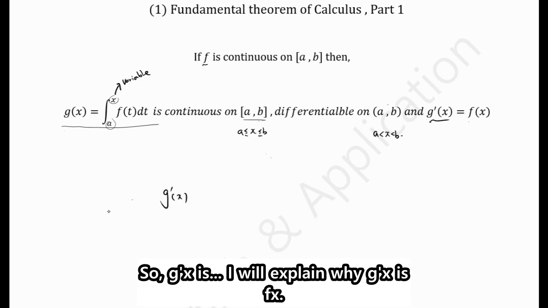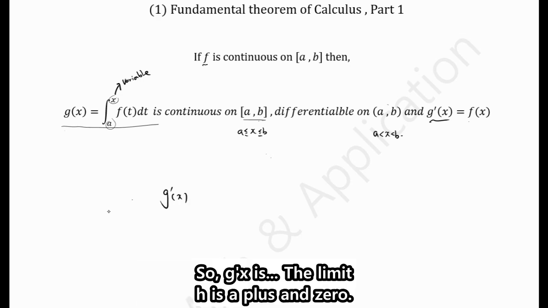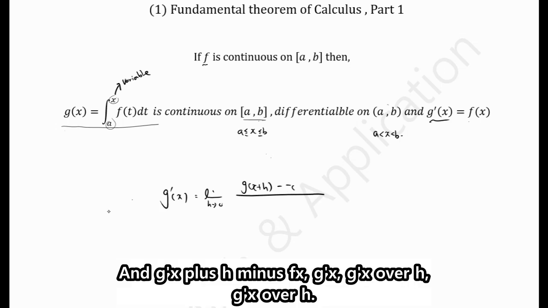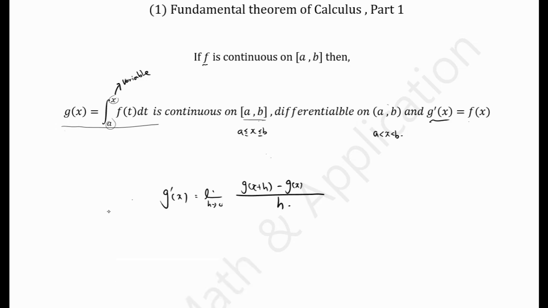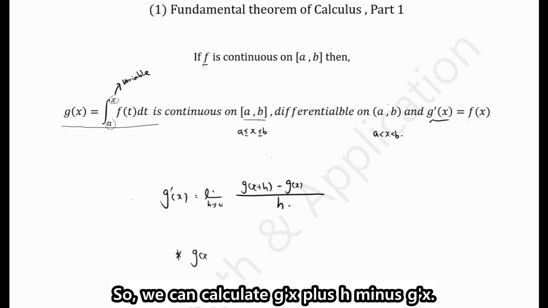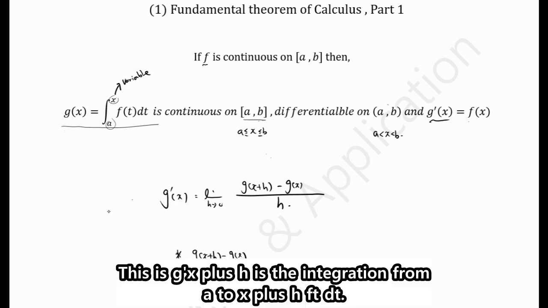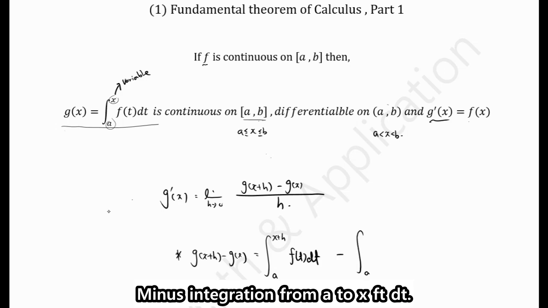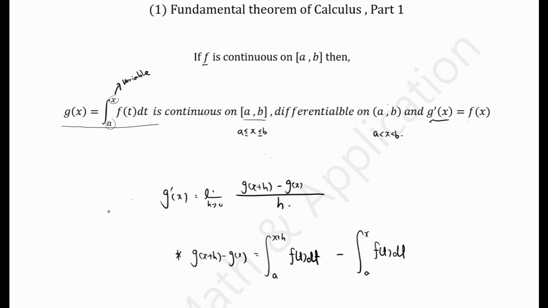I will explain why g prime x is f(x). So g prime x is the limit as h approaches 0 of g(x plus h) minus g(x) over h. So we calculate g(x plus h) minus g(x). g(x plus h) is the integral from a to x plus h of f(t) dt, minus the integral from a to x of f(t) dt.